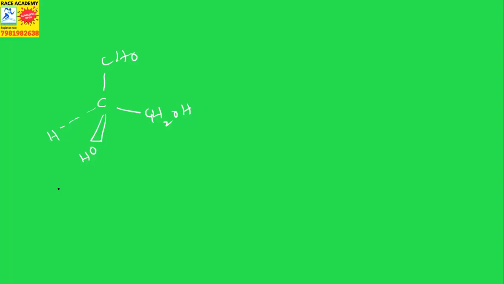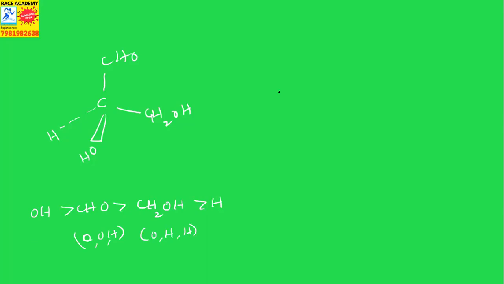So in this order, OH has higher priority than CHO, higher priority than CH2OH, then after that hydrogen. Why? Because we will consider CHO as O, O, H priority, this CH2OH as O, H, H priority. In this way we will observe this.